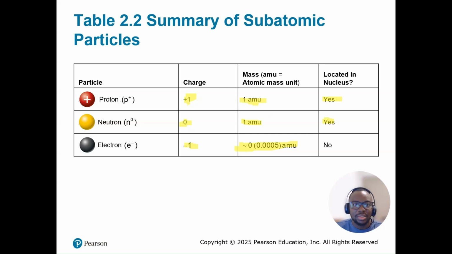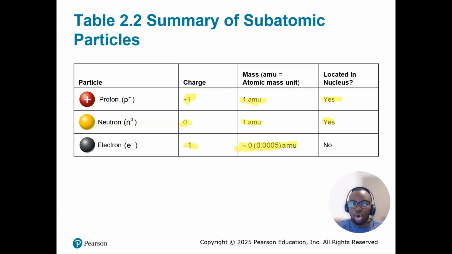From this summary, you can deduce that an atom has a central nucleus containing protons and neutrons. The nucleus in turn is surrounded by orbiting electrons. So, although the electrons have a negligible mass, the strength of their negative charge is equal to the strength of the positive charge in protons.